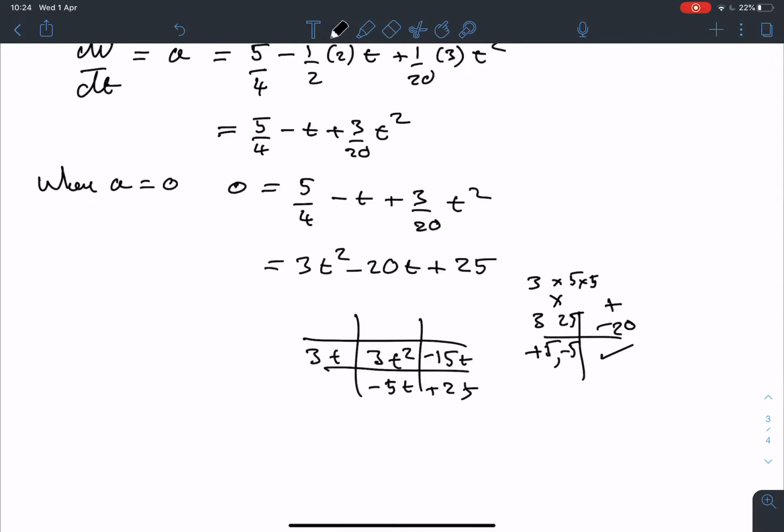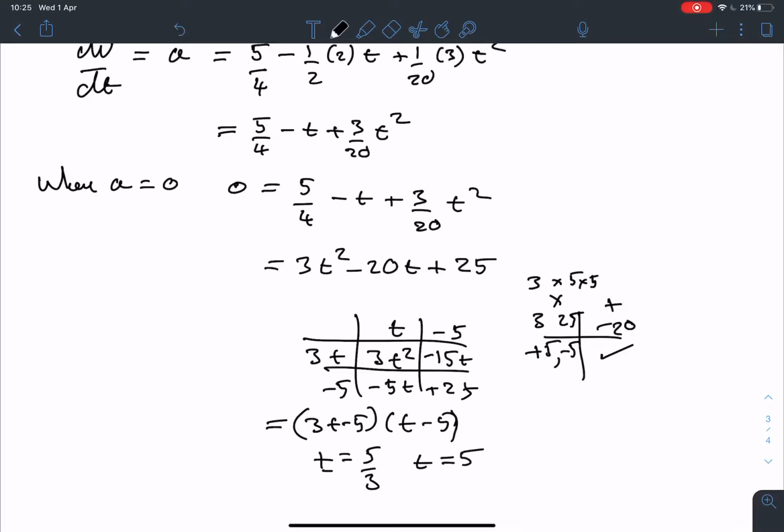Take the 3t out as a factor, t minus 5, minus 5. So we've got 3t minus 5 and t minus 5. So t equals, add the 5 across, 5 over 3, and t equals 5.